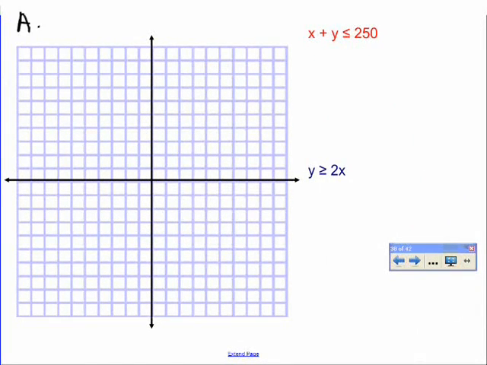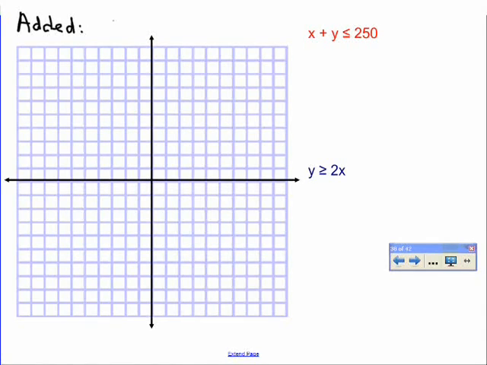So this is going to be our added section. And if we think back to the context of the problem where we're talking about muffins and donuts being sold, where X represented the number of donuts and Y represented the number of muffins, you can't be selling negative amounts of any of these items.